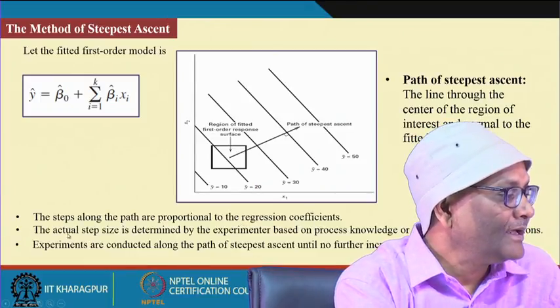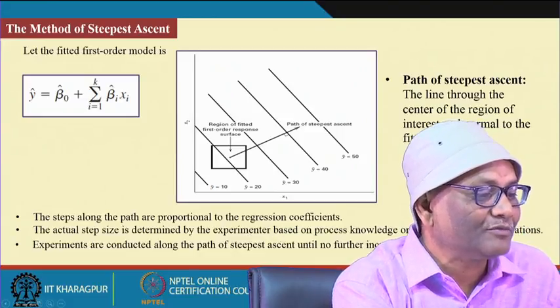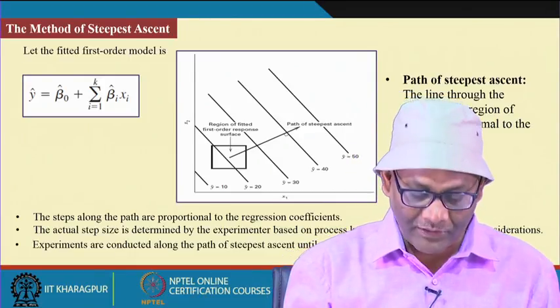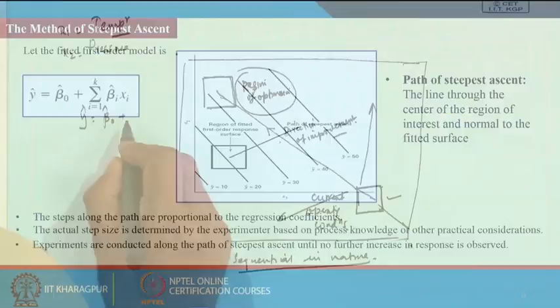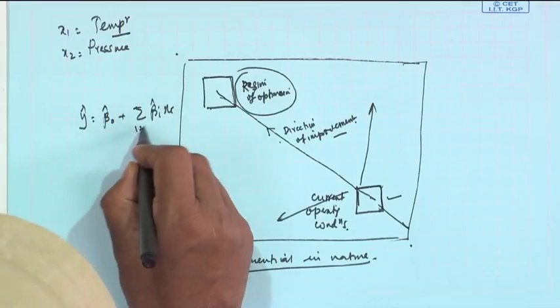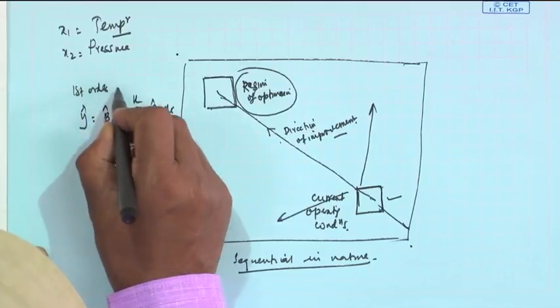The actual step size is determined by the experimenter based on process knowledge or other practical considerations. Experiments are conducted along the path of steepest ascent until no further increase in response is observed. So y cap is beta 0 cap plus the sum of beta i cap x i, i equal to 1 to k. This is our first order model.